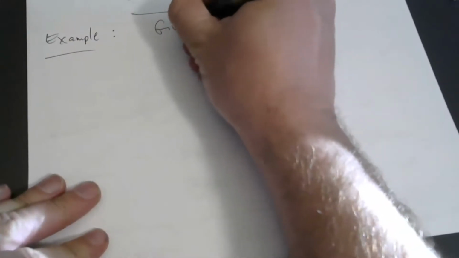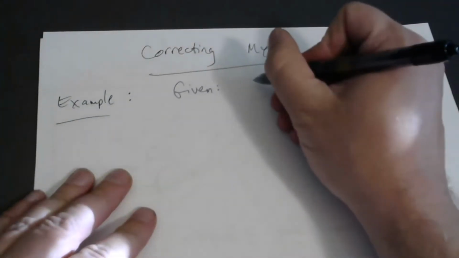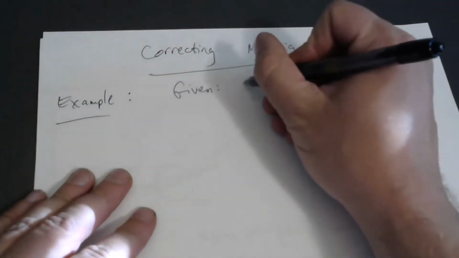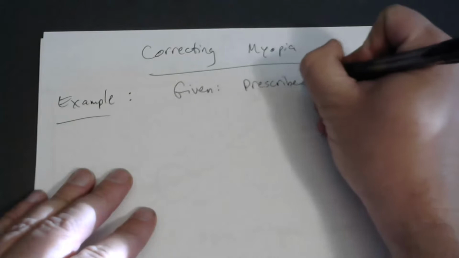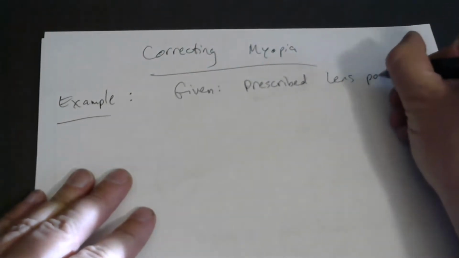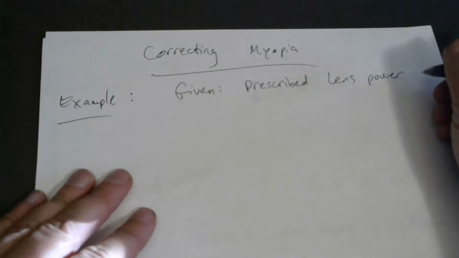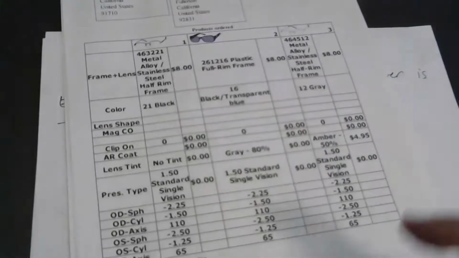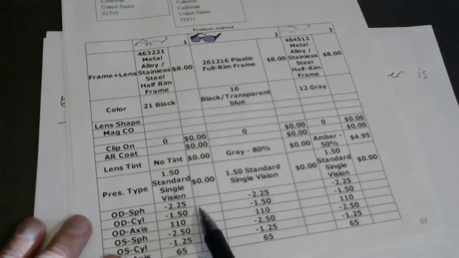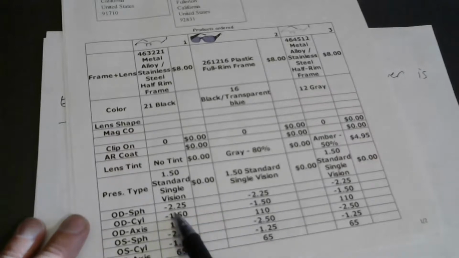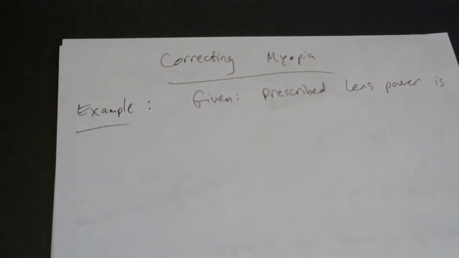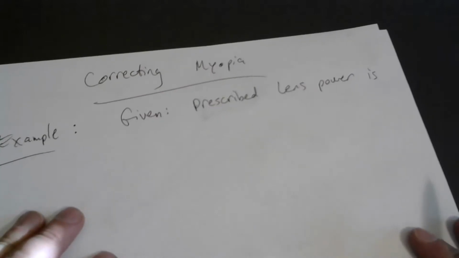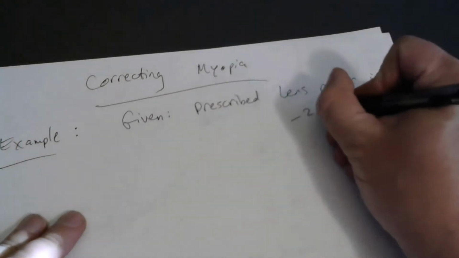So let's suppose this person's prescribed lens power is, and you may have noticed, I thought the numbers were going to be different for my two eyeballs because they're often different between the eyes, but at least my eyeballs are consistent with each other. That's good. Prescribed lens power is negative 2.25.